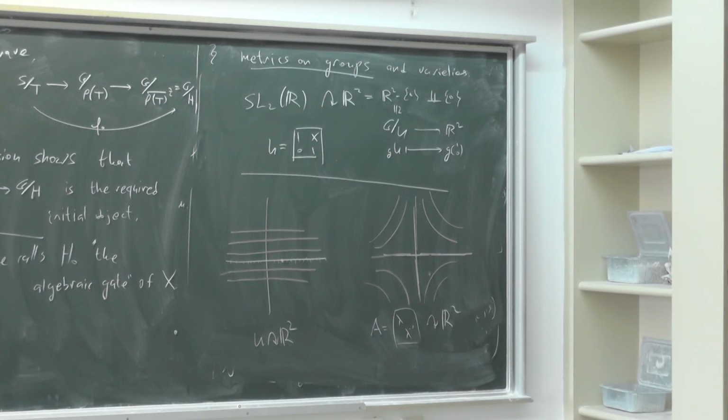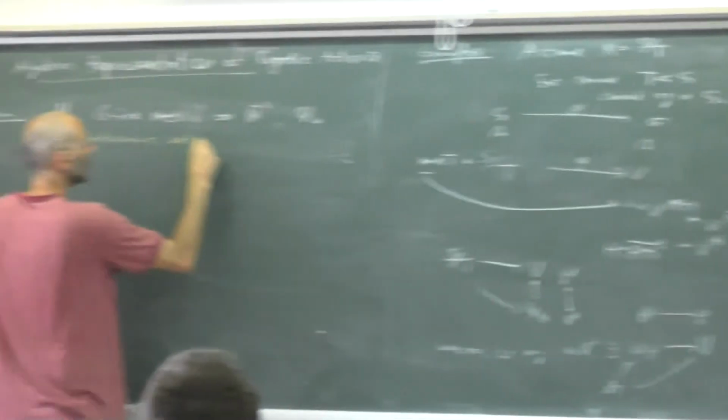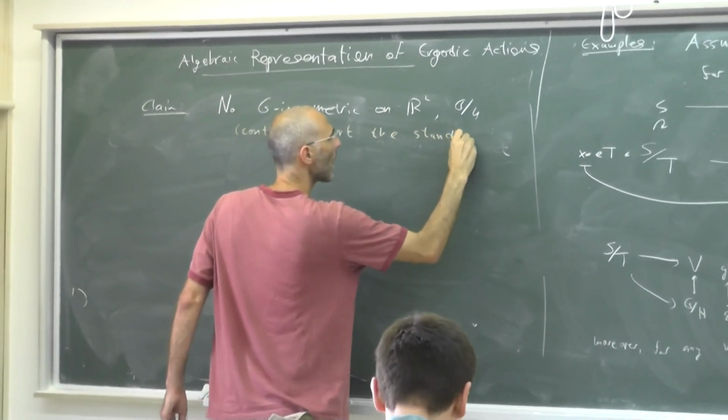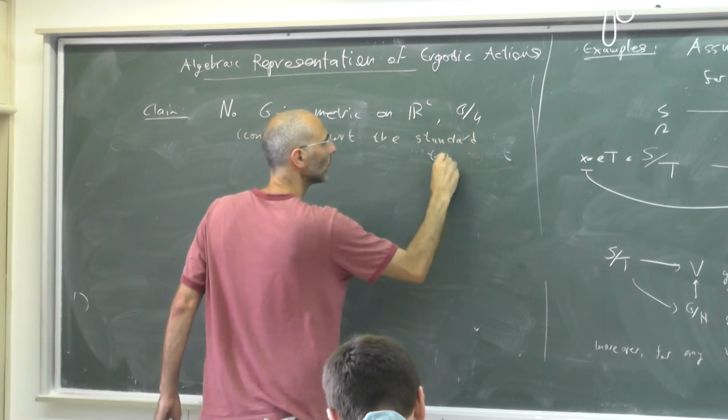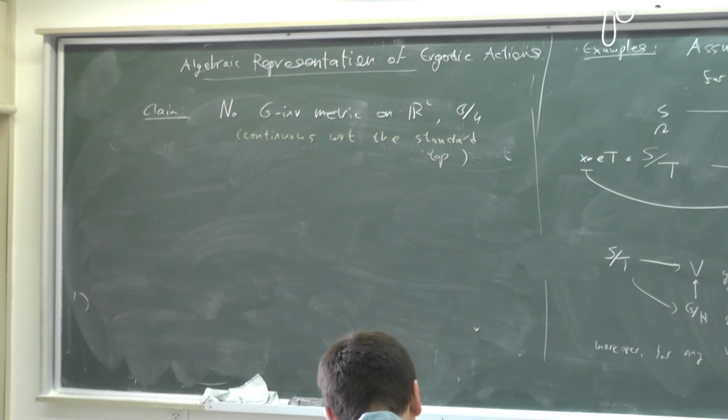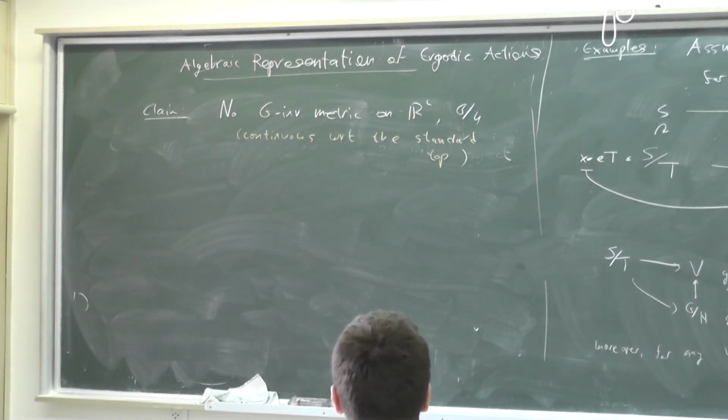So, a metric continuous with respect to the standard topology. So let's look at the epsilon ball of this point.